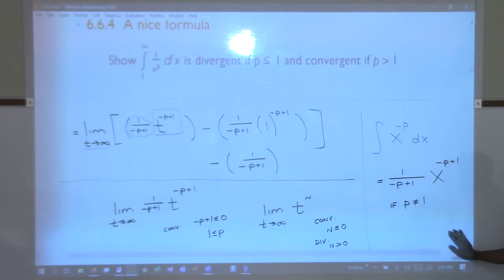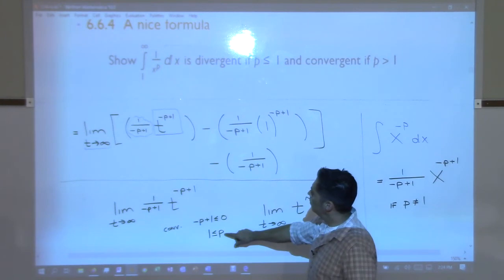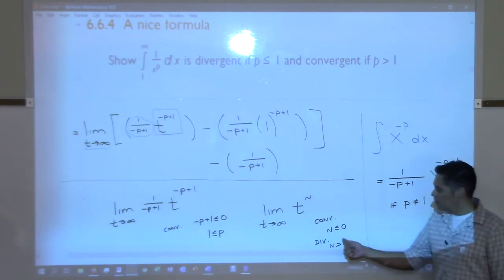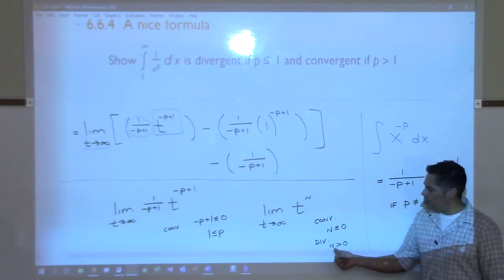It's going to converge if it's greater than 1, because then that will give you a negative exponent, which would be less than 0. So t to the power of n, if n is greater than 0, then it diverges. But the way we rearranged our equation, p is... was this what we wrote down earlier? Yeah.